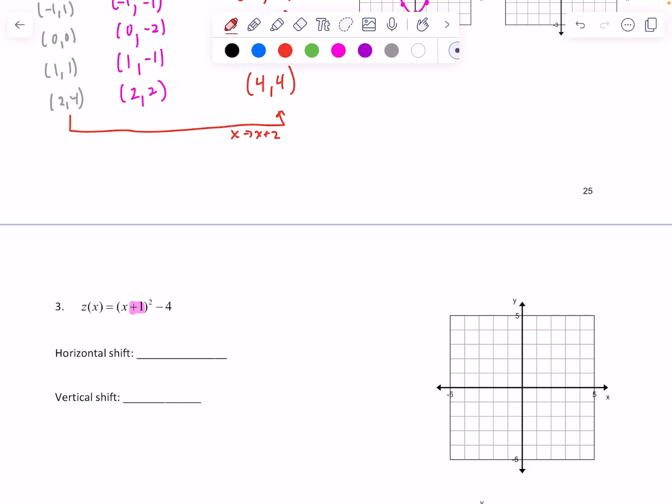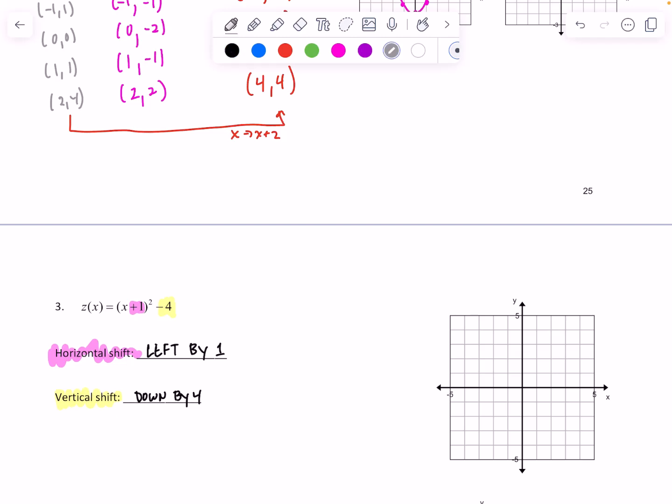And so that is going to be a shift to the left by 1. And then our vertical shift is occurring out here. So our vertical shift is the yellow one, our horizontal shift is the pink one. And the vertical shift is minus 4, so that's going to be down by 4.